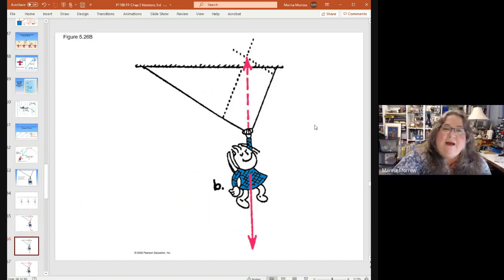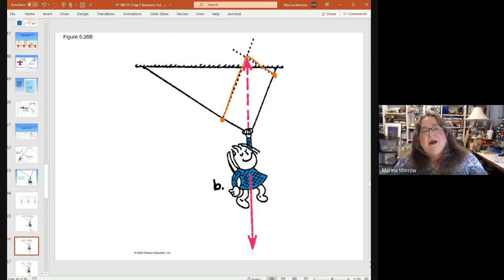So we draw lines that are parallel to the rope that meet at the tip of the arrow there. And the thing is that now we know the value along each of these ropes of the tension.